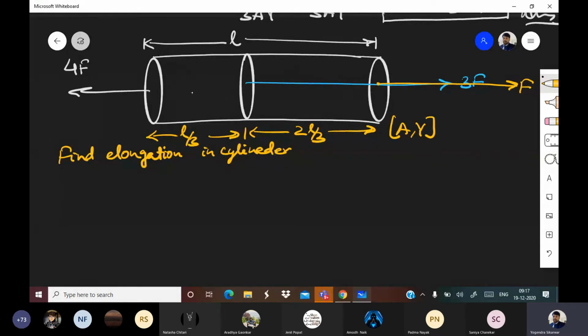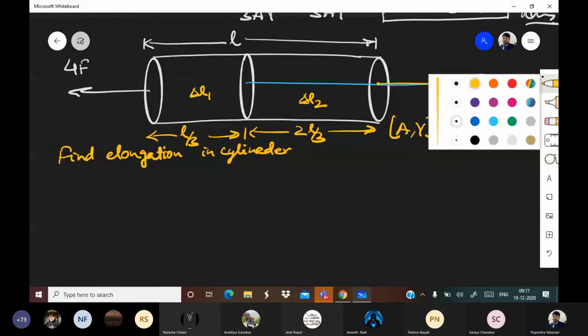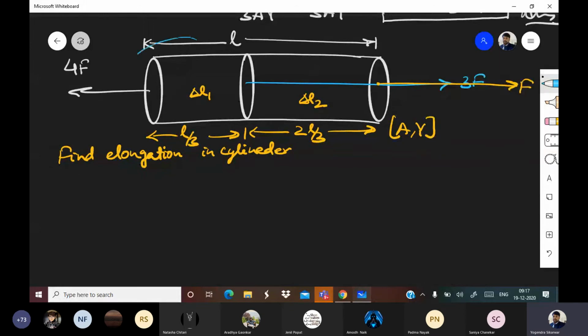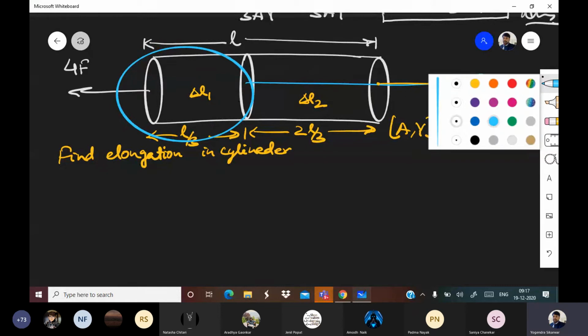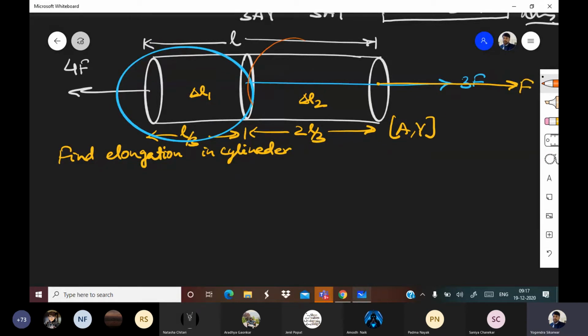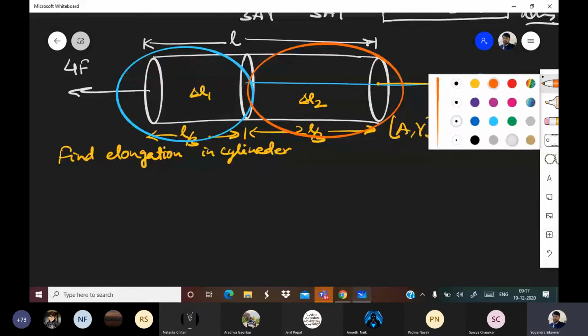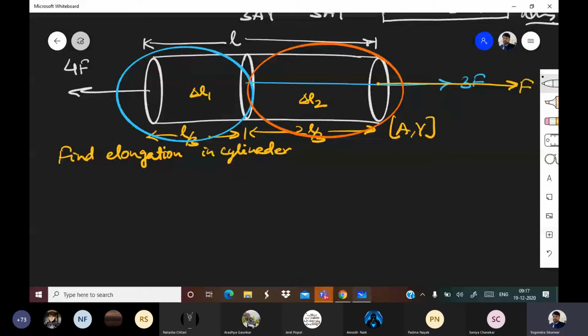Everyone, please pay attention. This is delta L1 and this is delta L2. Delta L1 is the elongation in the L by 3 part. Let me show them with two different colors, just to mention which part we are considering.